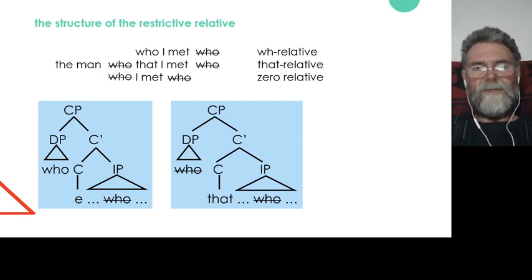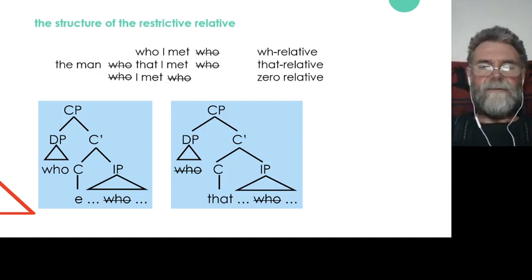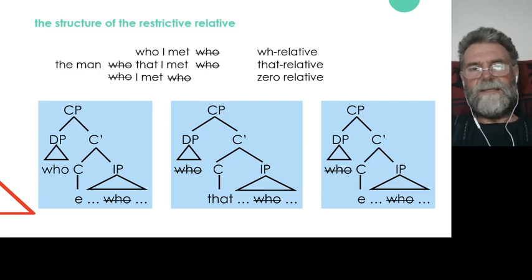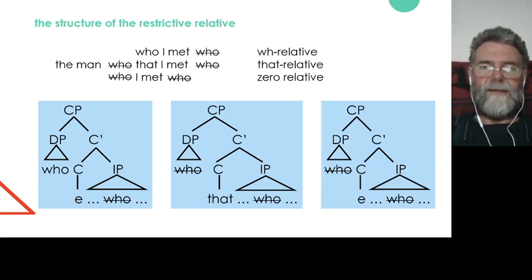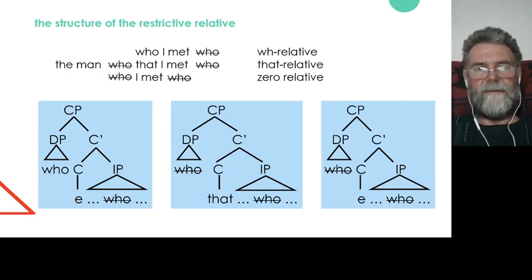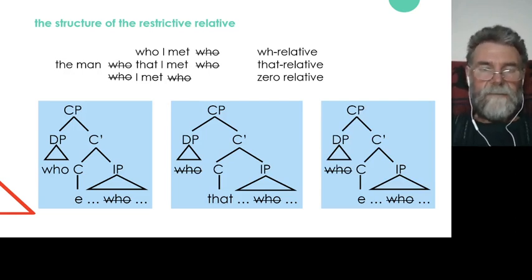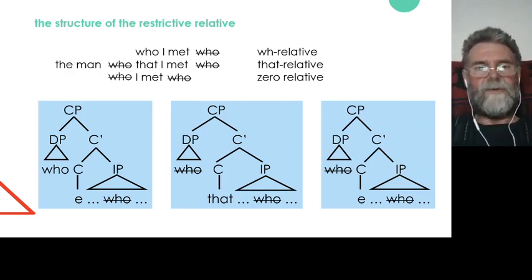That then leads us to a straightforward analysis of what a zero relative clause is, and that is one where you don't pronounce either the WH phrase or the complementizer. Given that fairly straightforward analysis, we can see that all of these clauses are pretty much the same as each other.